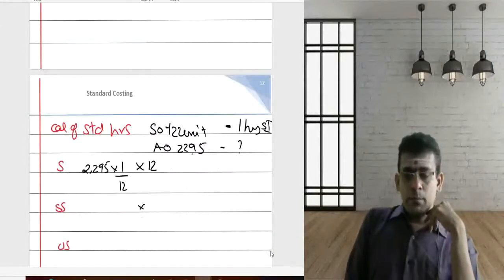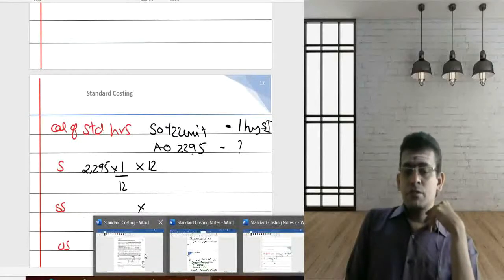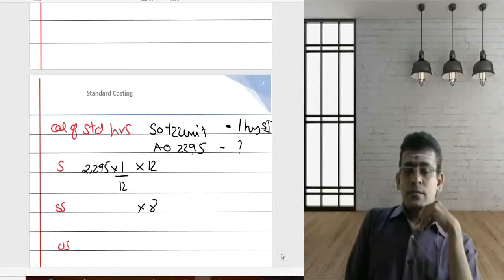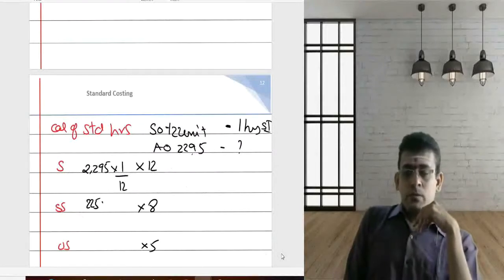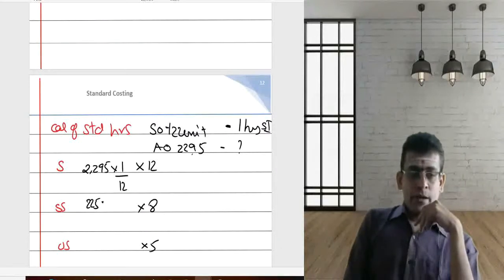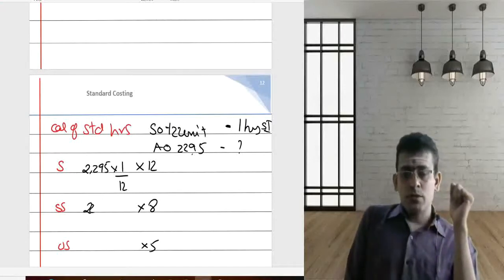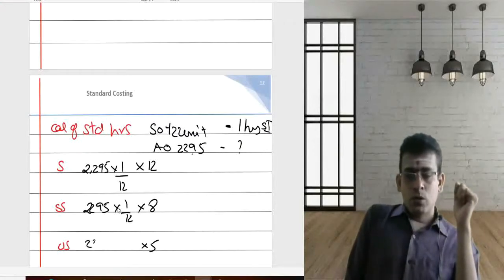I need to multiply this with the number of skilled workers, 8. I need to multiply this with the number of unskilled workers, 5. So 2295 into 1 by 12 remains the same.